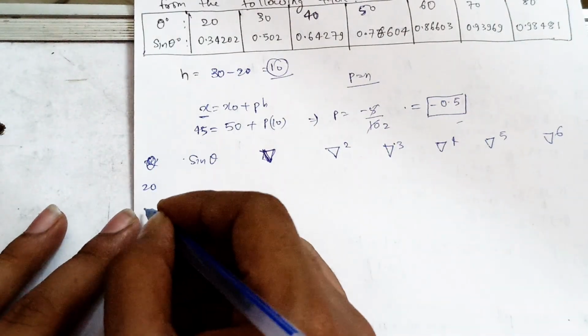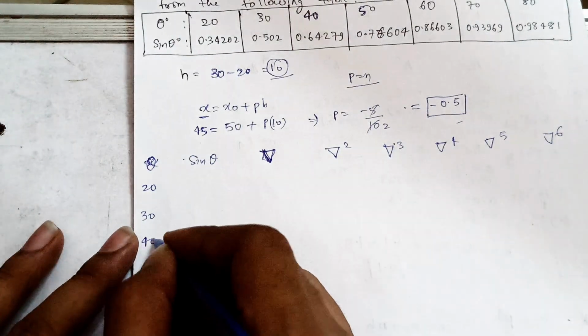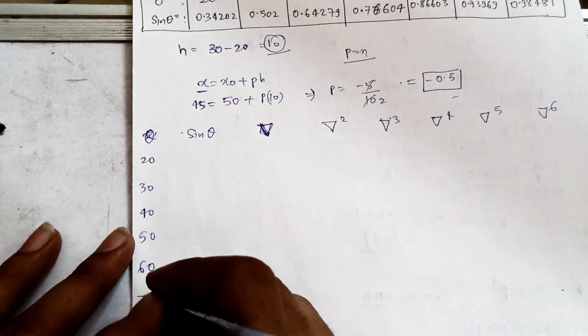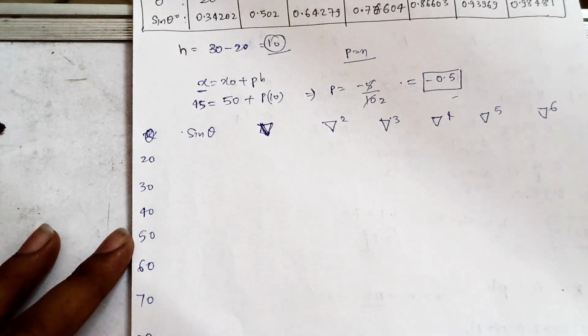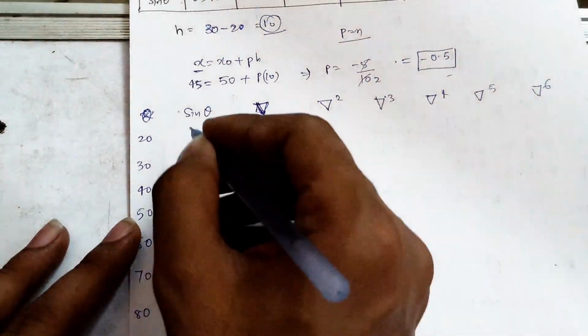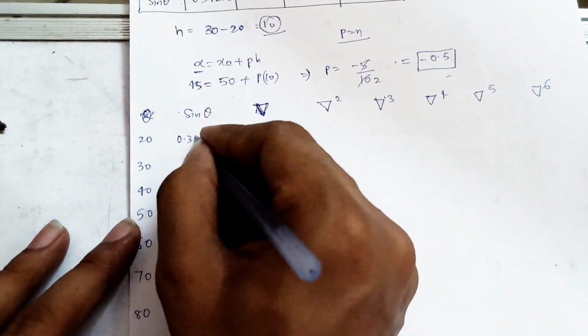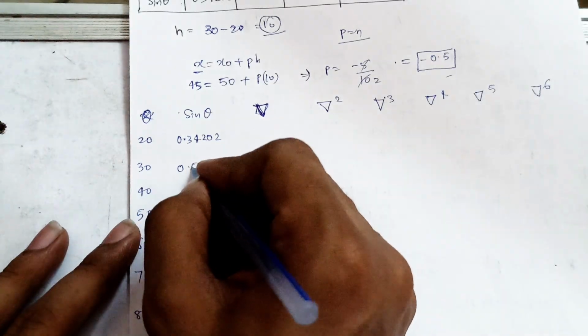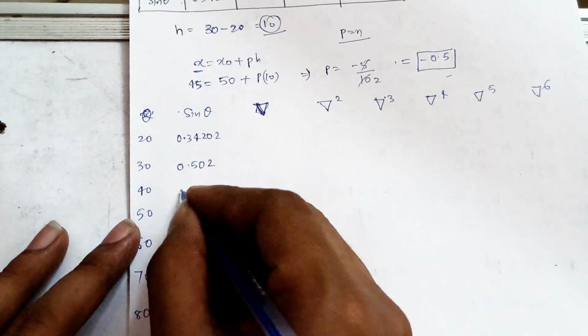Firstly we write 20, 30, 40, 50, 60, 70 and 80. I have written it, and now for the sine values, like 0.3202, you just need to write down the values as they are.